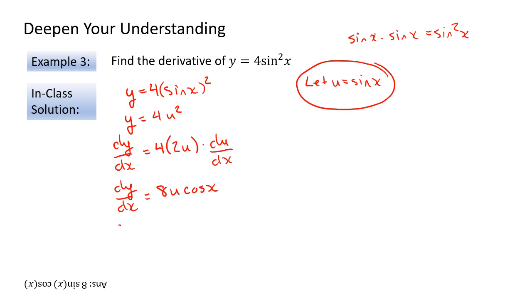So if I substitute in u, then dy by dx is simply 8 sine x cosine x. And that's just, again, using the chain rule. So starting with a function that's a little bit more manageable, these derivatives become far simpler when you approach it that way.